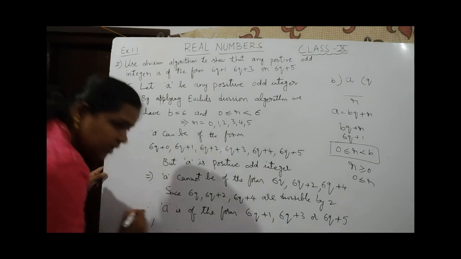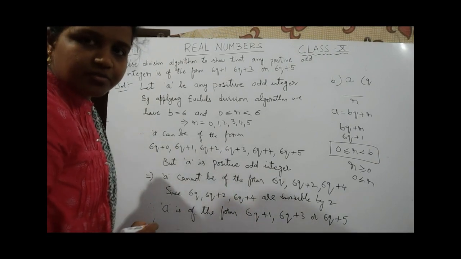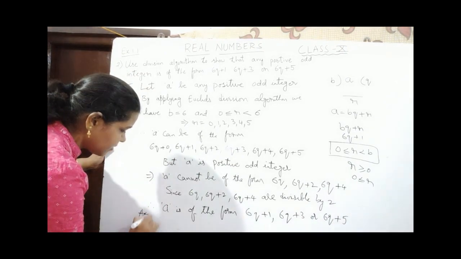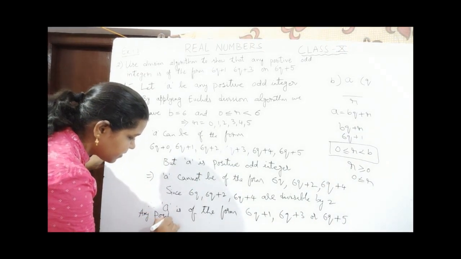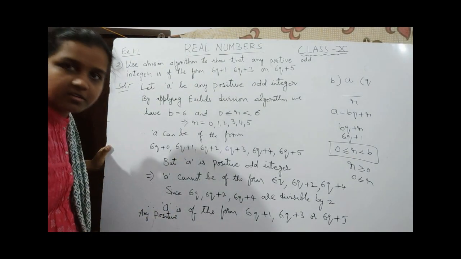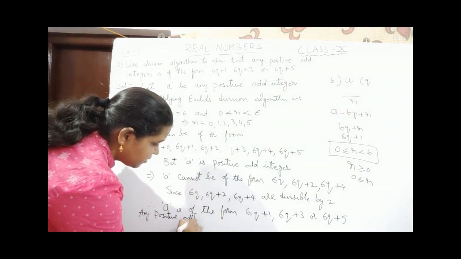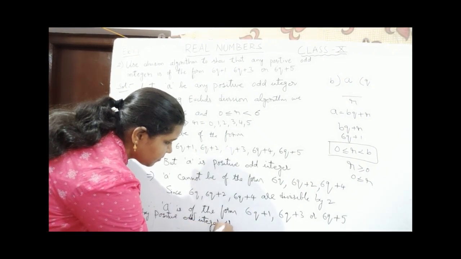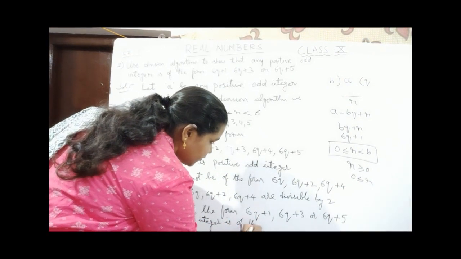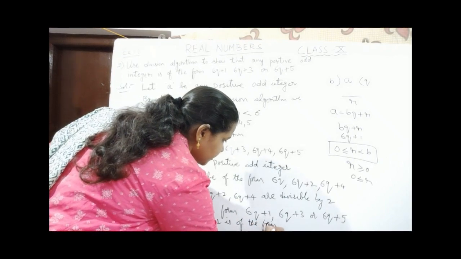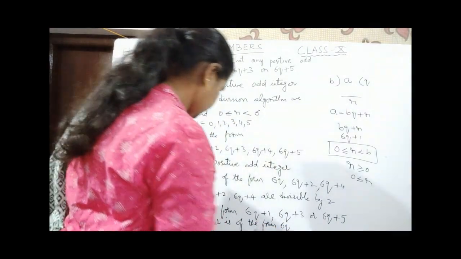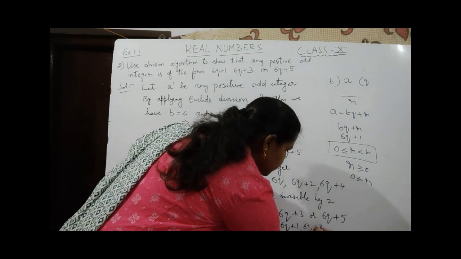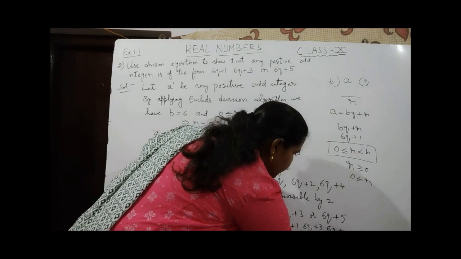So, any positive odd integer is of the form 6q plus 1, 6q plus 3, 6q plus 5.